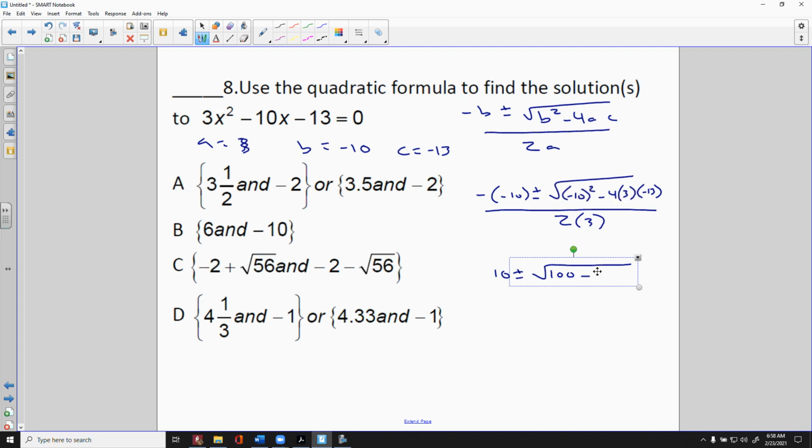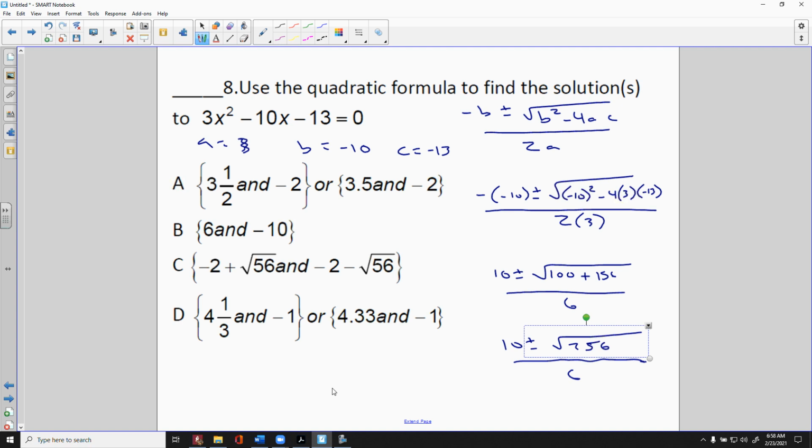All right, so 156, but negative and negative is going to make it a positive over 6. So 10 plus or minus the square root of 256. I think that's a really good number for us. If we take the square root of 256, we should get 16.